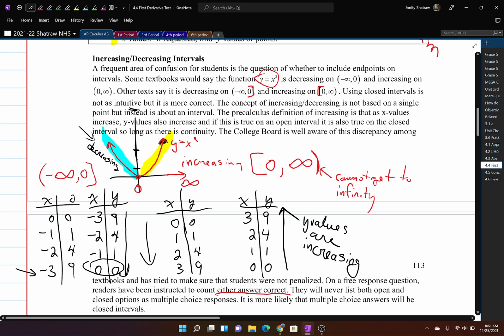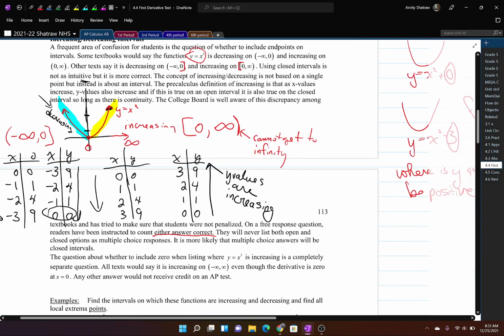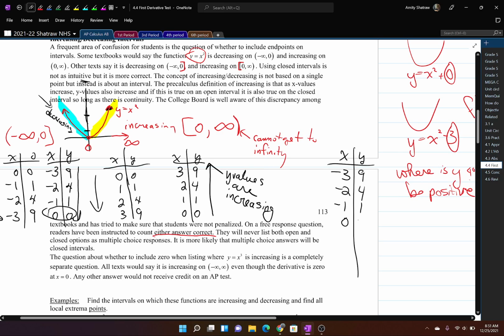And so as a final thing that I would maybe do, and I've never really presented it like this before, so you tell me if you like it: -3, 9, -2, 4, -1, 1, 0, 0, 1, 1, 2, 4, 3, 9.